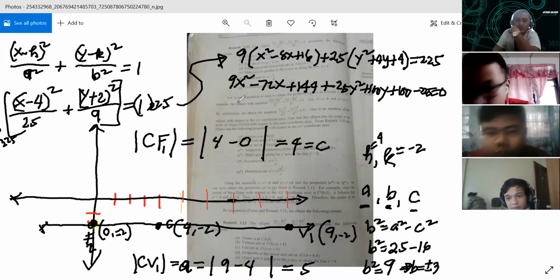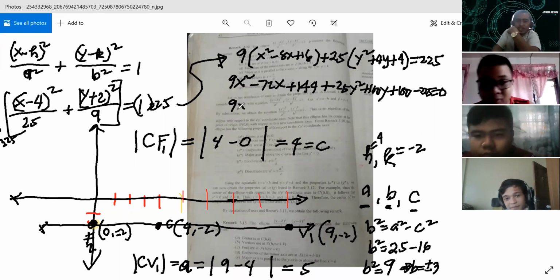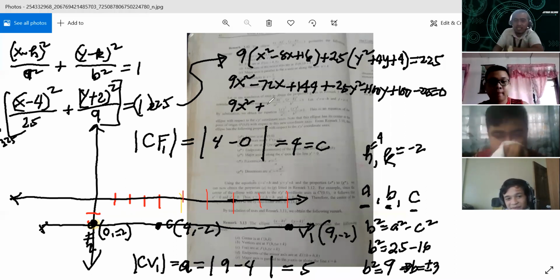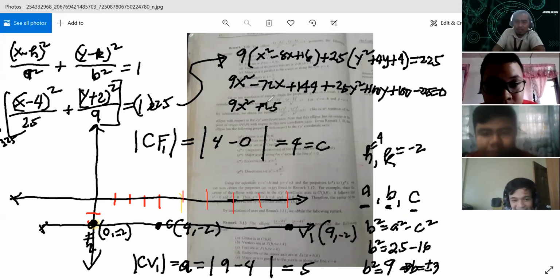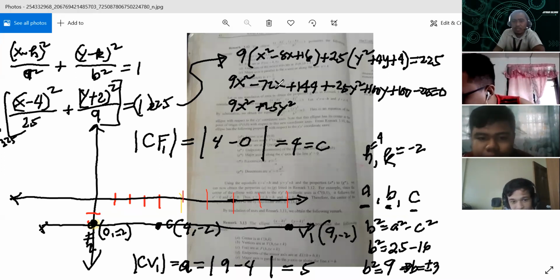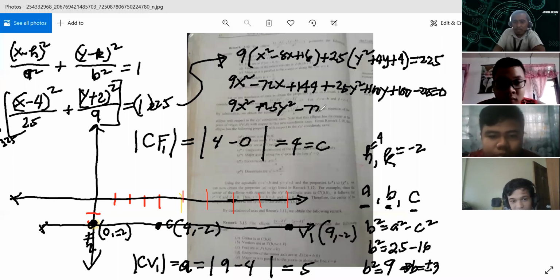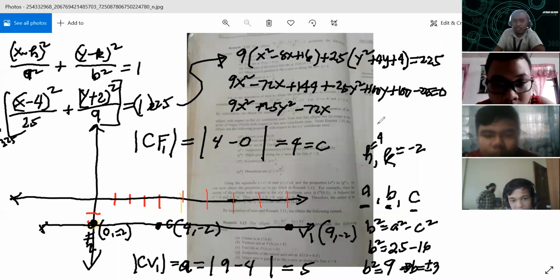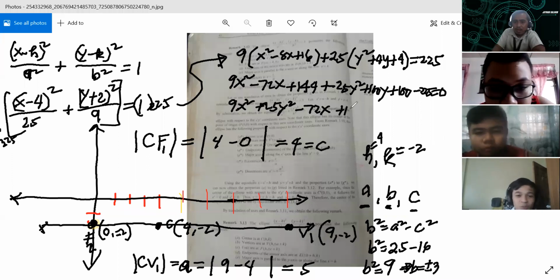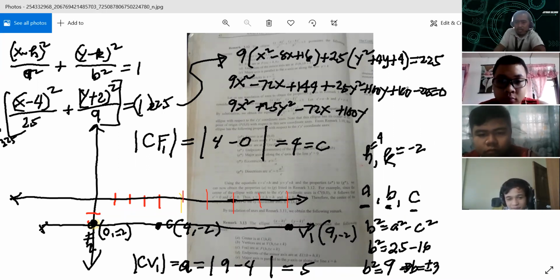Almost there. So it will be 9x squared plus 25y squared, we just rearrange it, minus 72x plus 100y. If you combine this 3, what will be the answer?